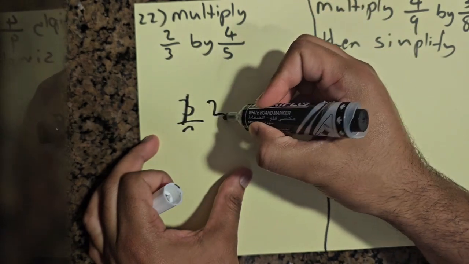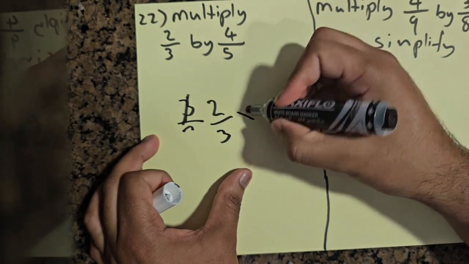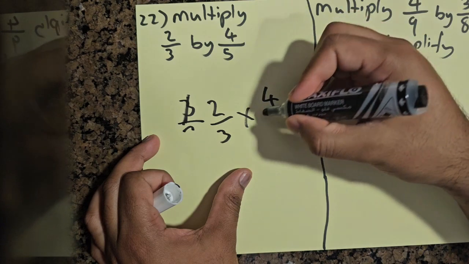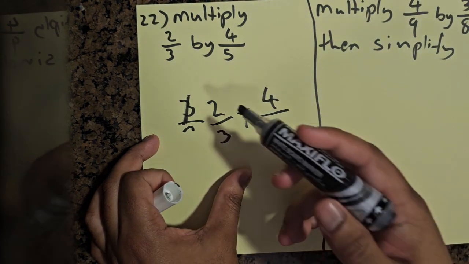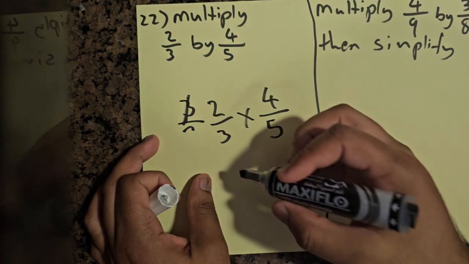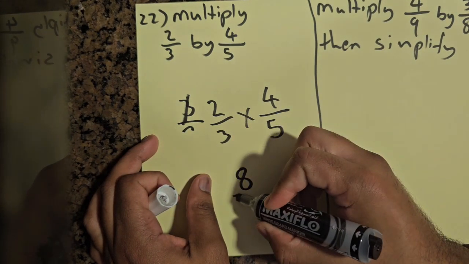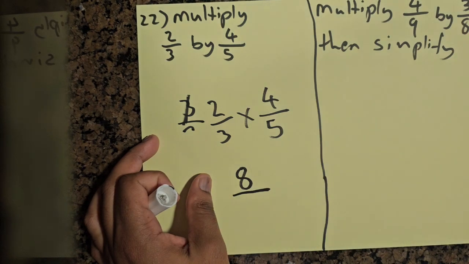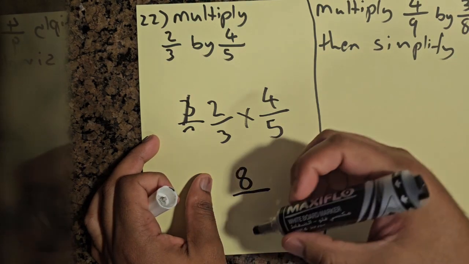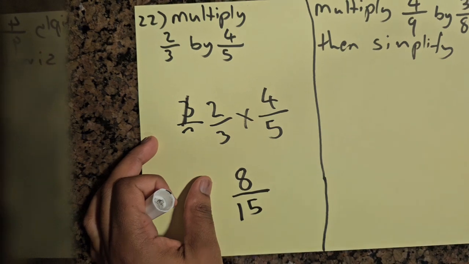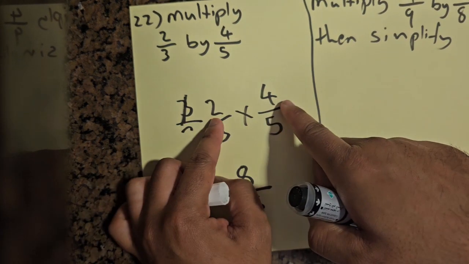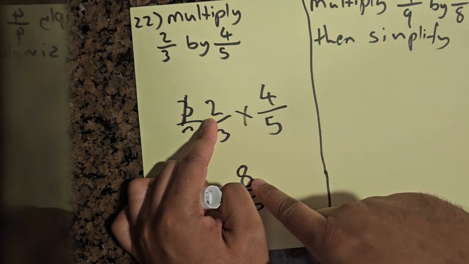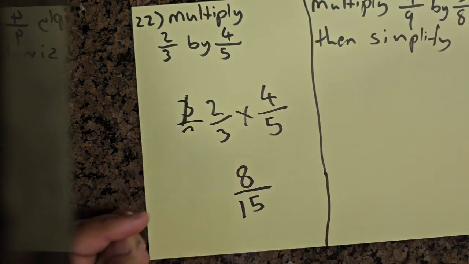We've got 2 over 3 multiplied by 4 over 5. All we're going to do is take the top number. 2 times 4 gives us 8. Put the line again, division line, and then 3 times 5 gives us 15, and finish. So we multiply the tops with each other, the numerators with each other. 2 times 4 gives us 8. 3 times 5 gives us 15.